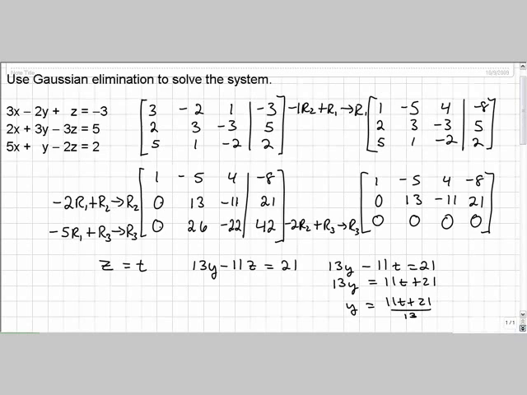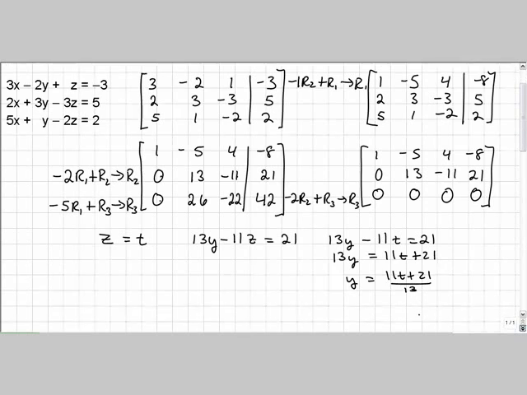And then to get the value of x, we look at the top row, which gives us the equation 1x minus 5y plus 4z is equal to -8.